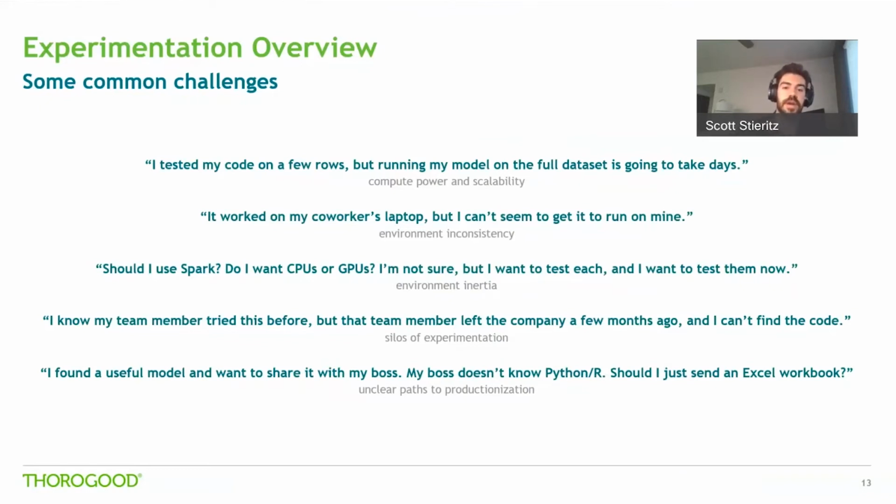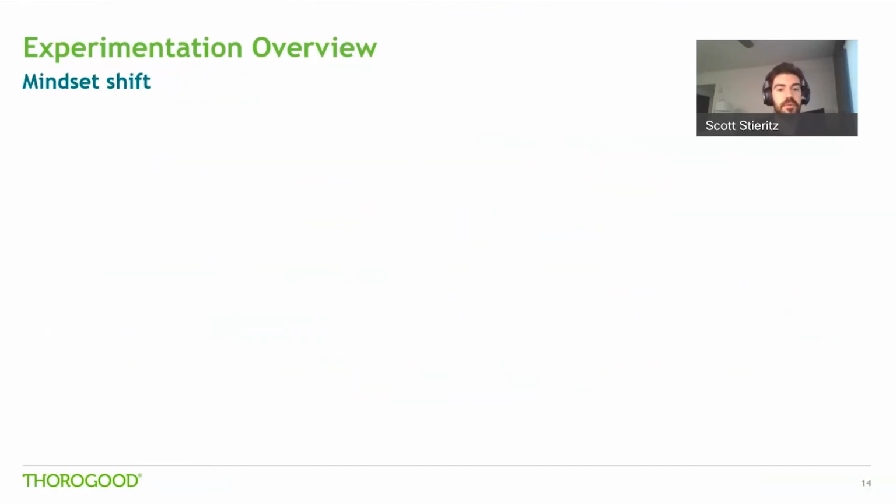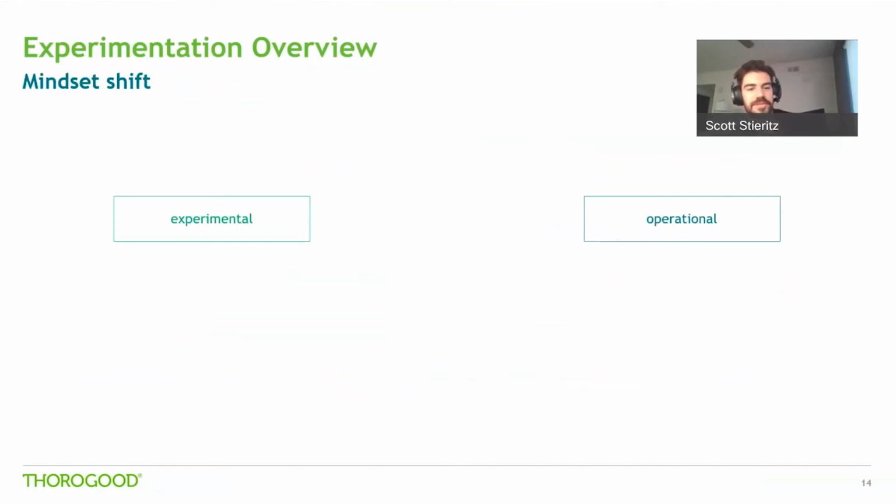All of those being some common challenges that we've seen people run into, which kind of leads us to a mindset shift. When I put this on the screen, experimental on one side, operational on the other side, people might immediately think, oh, you're telling me to shift my mind from experimentation to operationalization, and it just doesn't work.